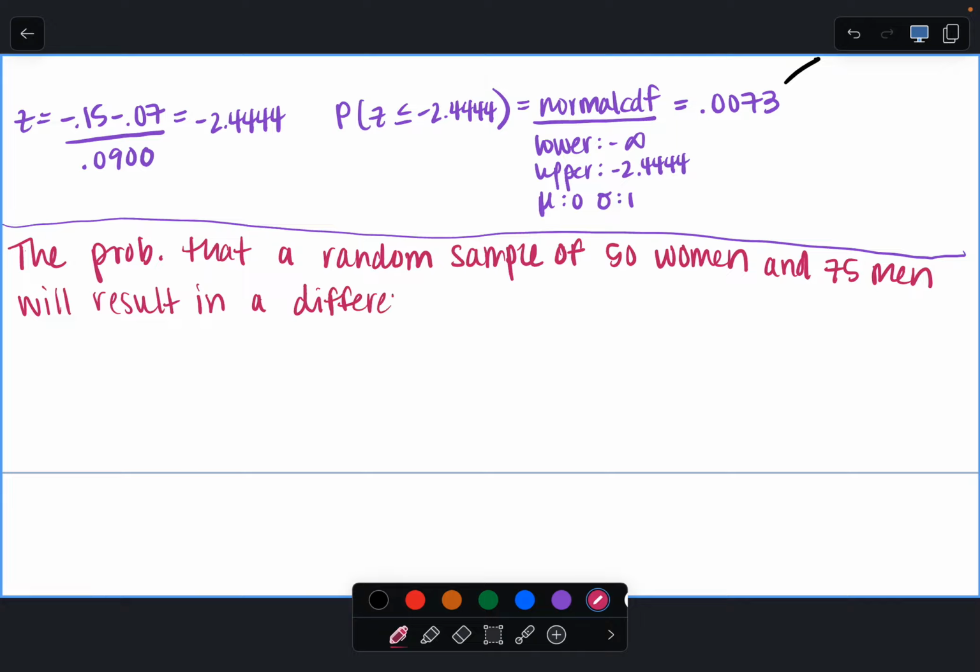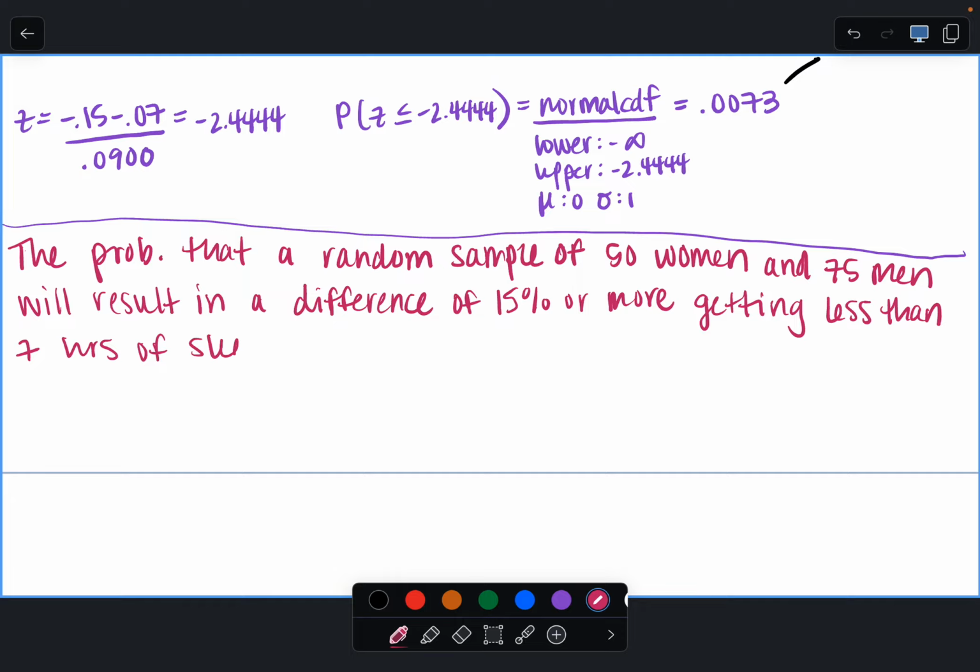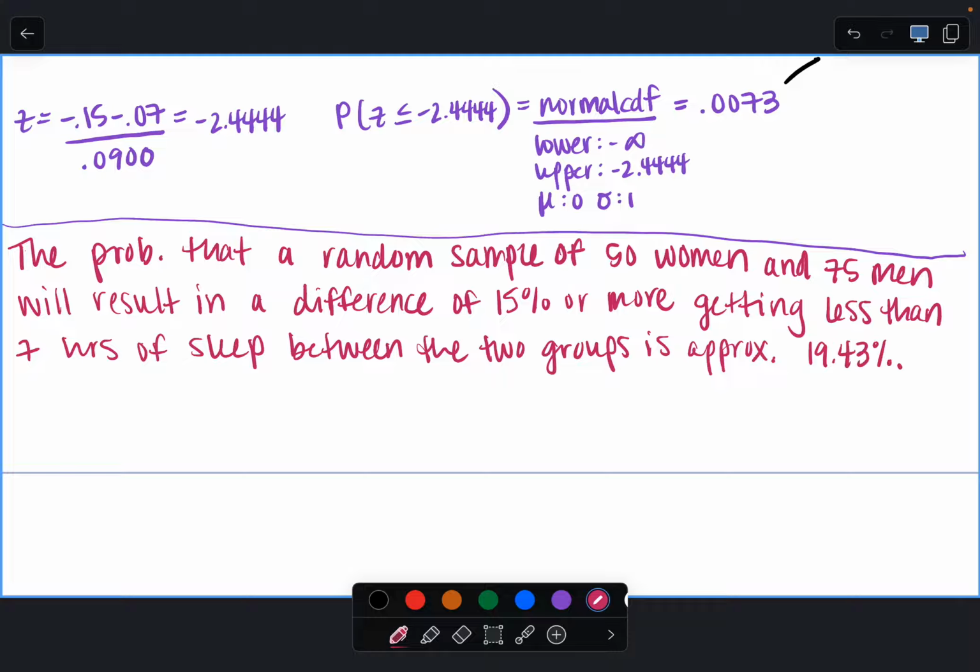And this is the key word and phrasing as to why we calculated 2. Getting less than 7 hours of sleep. And this is the same exact prompt we used in 5.1, so it should seem familiar. Between the 2 is approximately, and I don't care if you write it as a percentage or a proportion, but I'm going to say 19.43%.